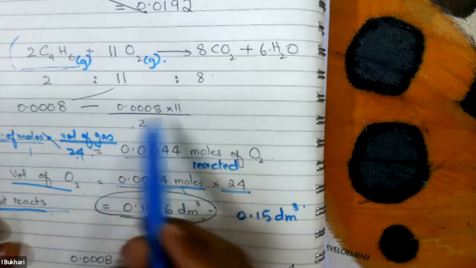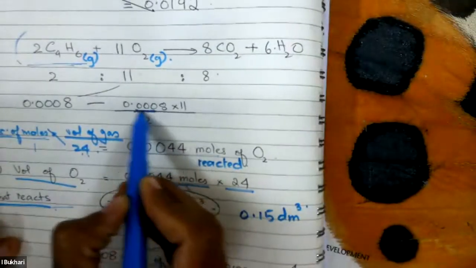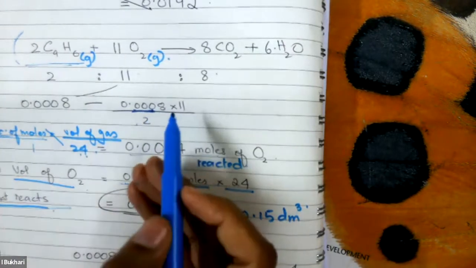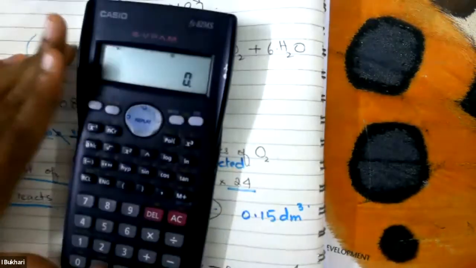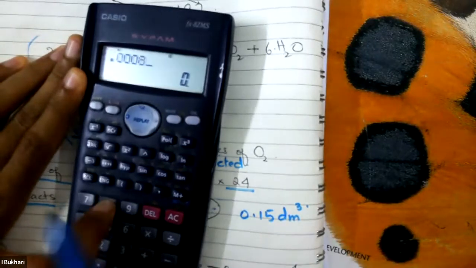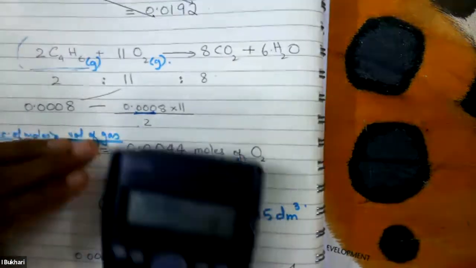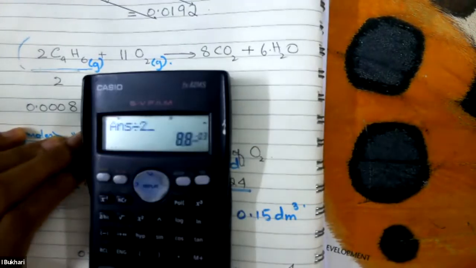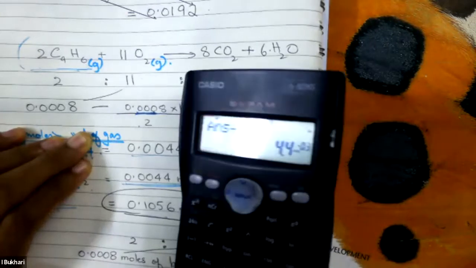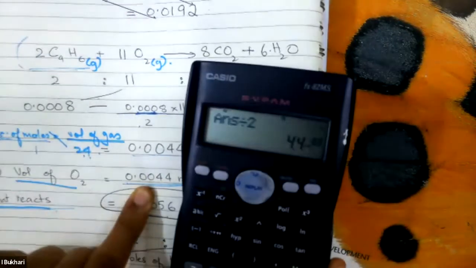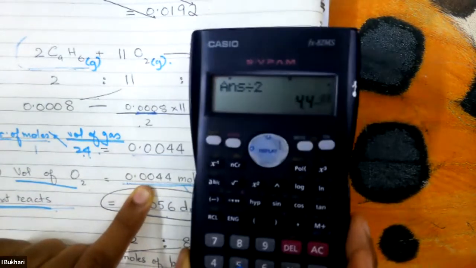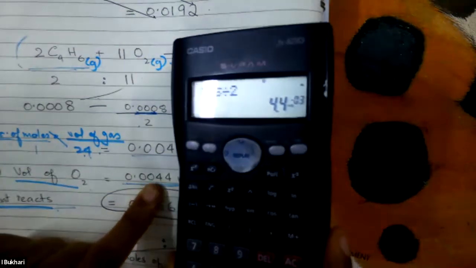Did you do this? These are 3 zeros here. Yes, miss, 3 zeros, 8. Okay, let me do this. 0.0008 into 11 is equal to this, divided by 2 is equal to 0.0044.